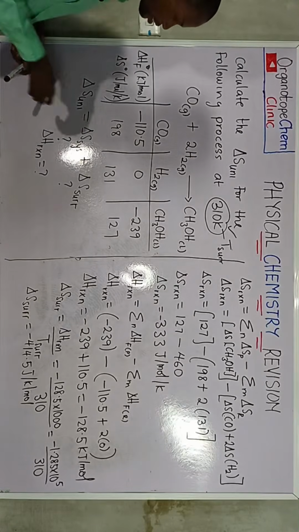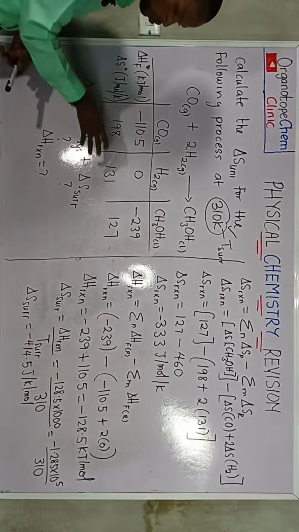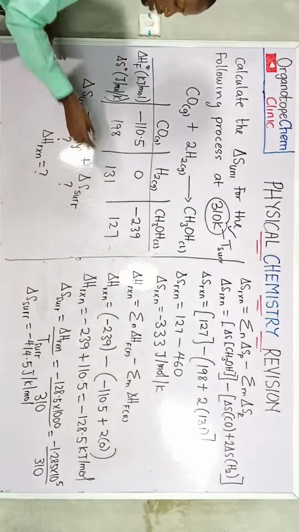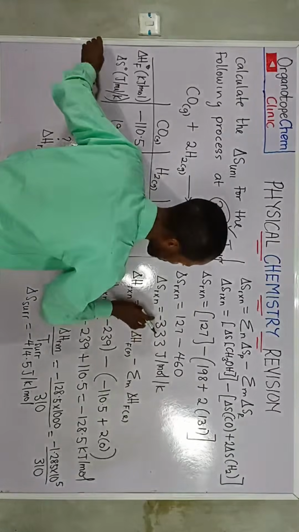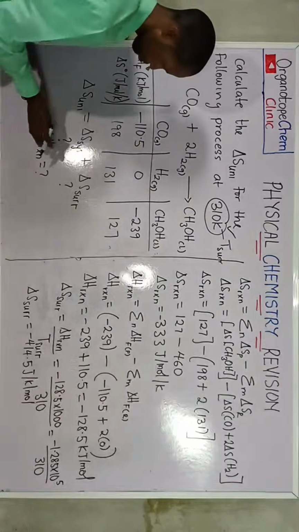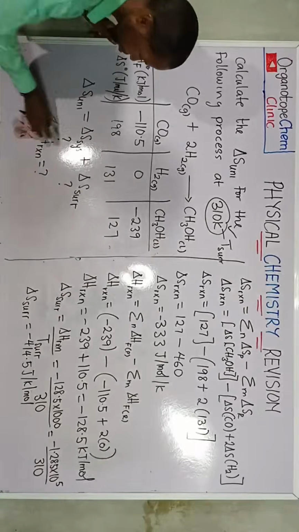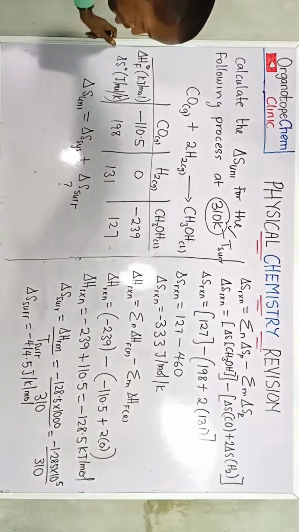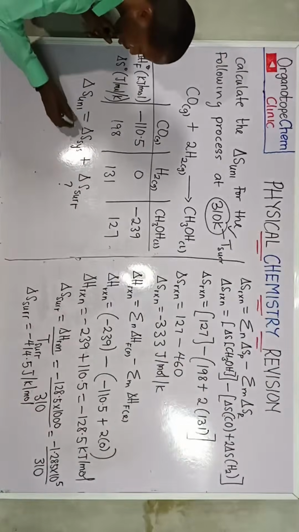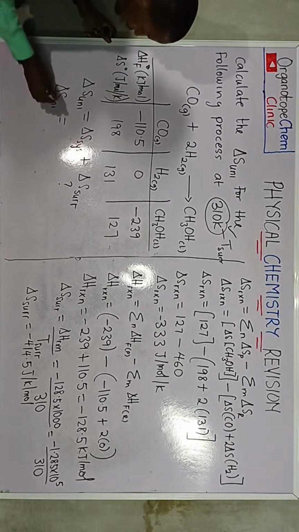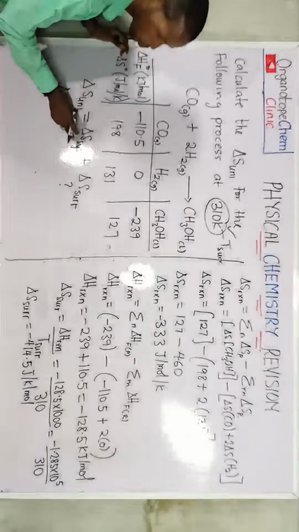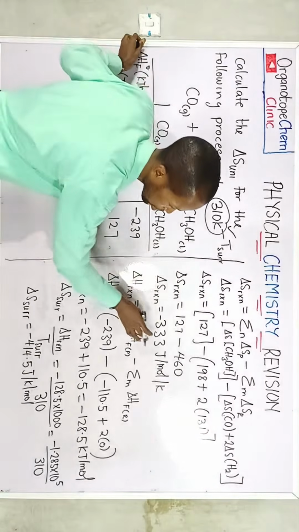We need to add the entropy of the system with that of the surrounding. Let me just have it here. What is the entropy of the system? The entropy of the system is minus, can I erase this? So we have to find the entropy of the universe. Entropy of the system is what?